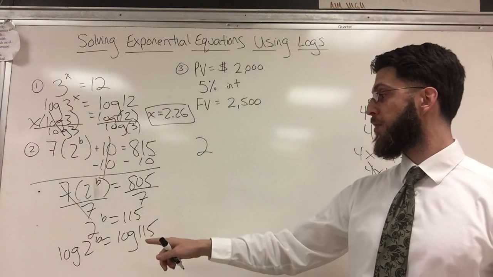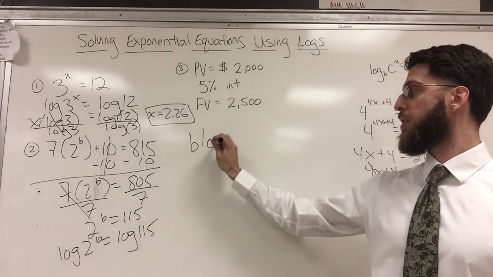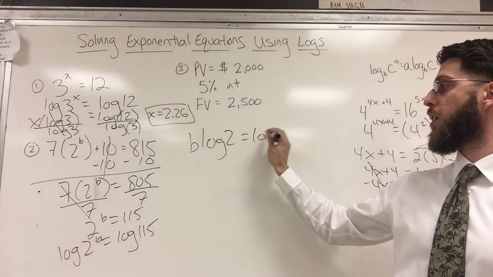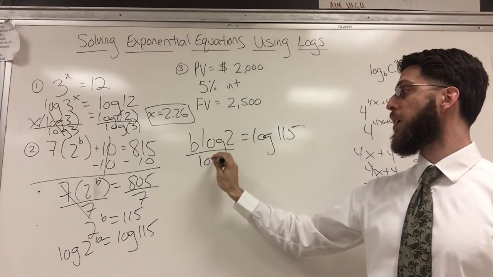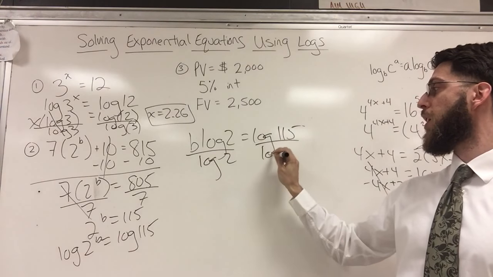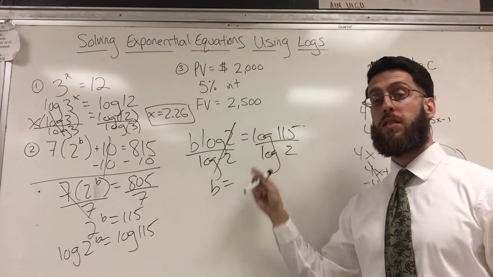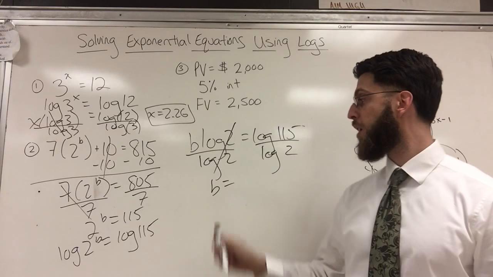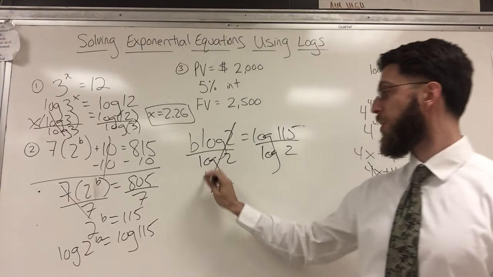So now I have b times log 2 equals log 115. Guess what I'm going to do? Divide by log 2, divide by log 2. And b equals whatever this divided by this is. I'm going to let you figure that out. So please, in the comment section, give your friends the answers. I don't know what that is.